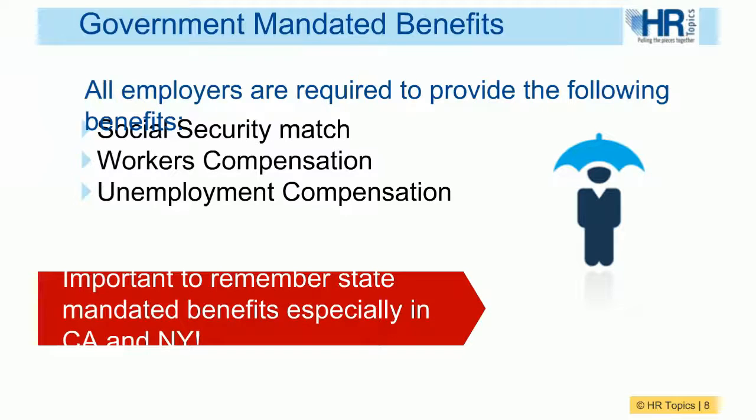A lot of people forget about something like unemployment compensation, for example. They forget about workers' comp because often it's something that HR isn't privy to. And there are easy ways to calculate these numbers that I will go through in a few minutes, but you want to make sure you are including all the pieces.